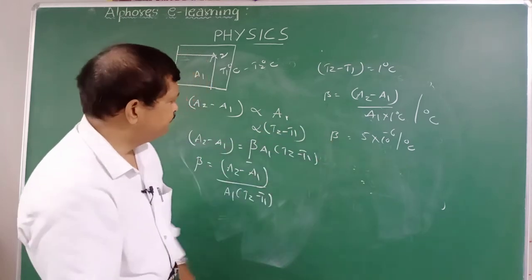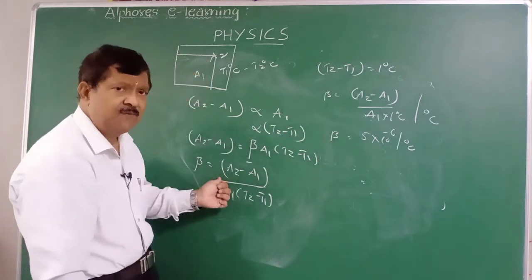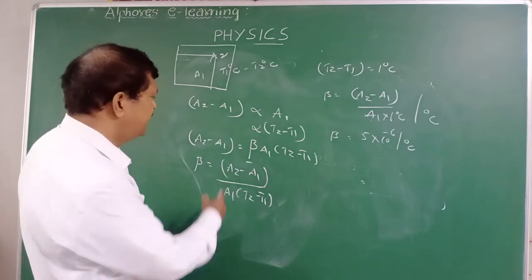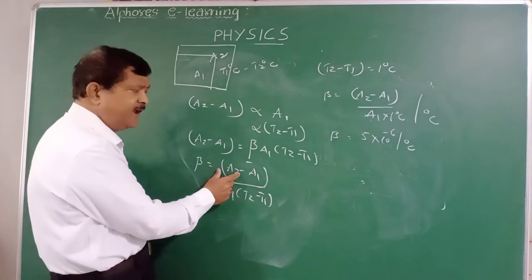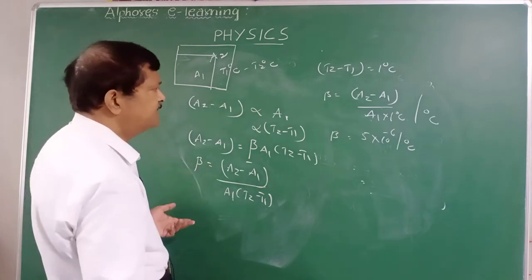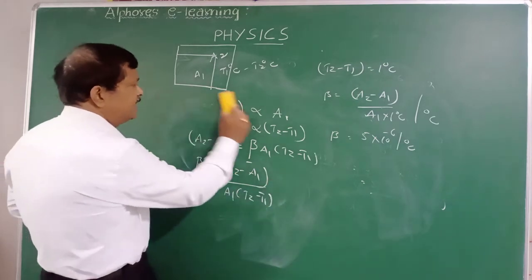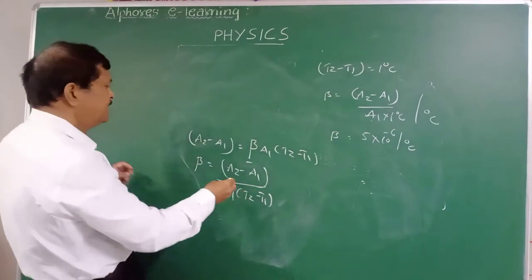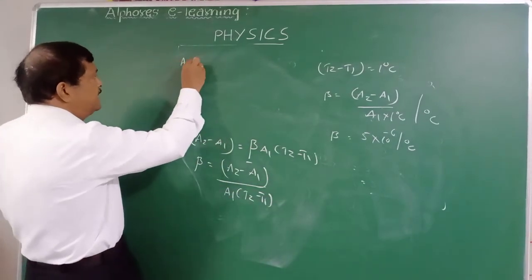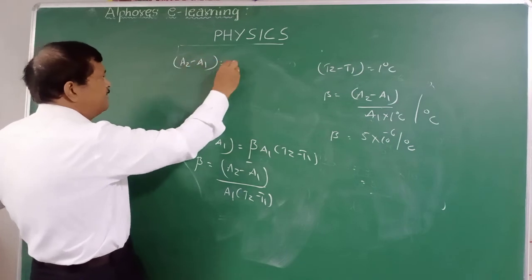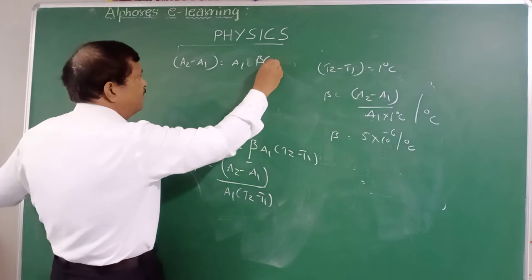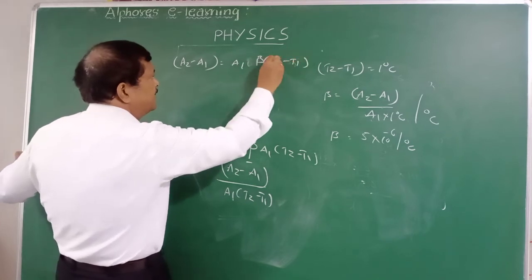And again, in terms of the absolute values, we have written like this. Now suppose from this equation you want the final area. Let us proceed as in the previous case. From this equation, change in area, A2 minus A1, is A1 beta (T2 minus T1).